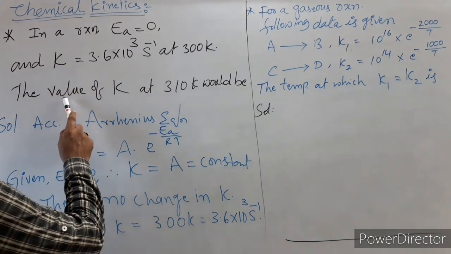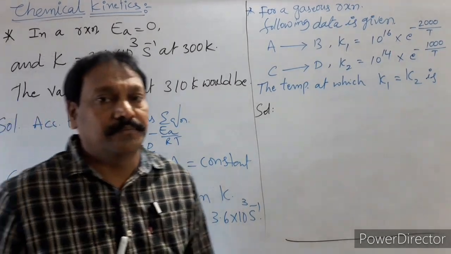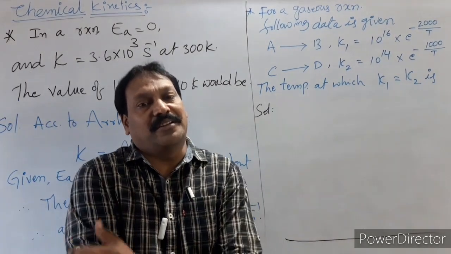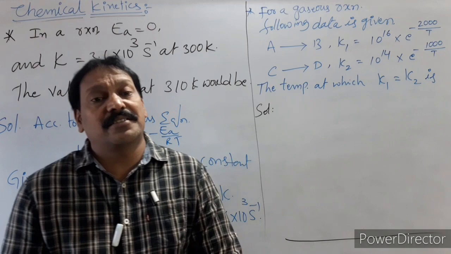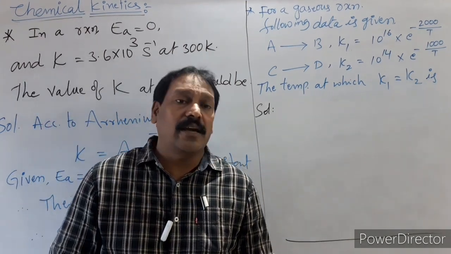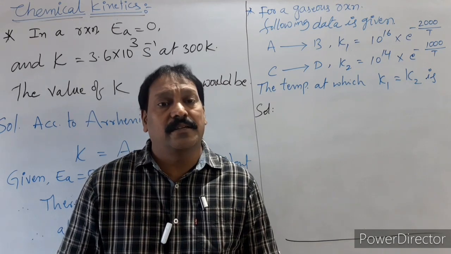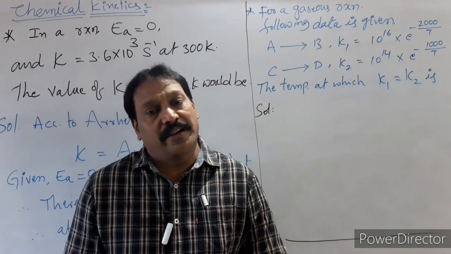So there is no change in the value of K. So the conclusion: if activation energy Ea is equal to 0, the rate constant K becomes equal to the pre-exponential factor A, it is a constant.